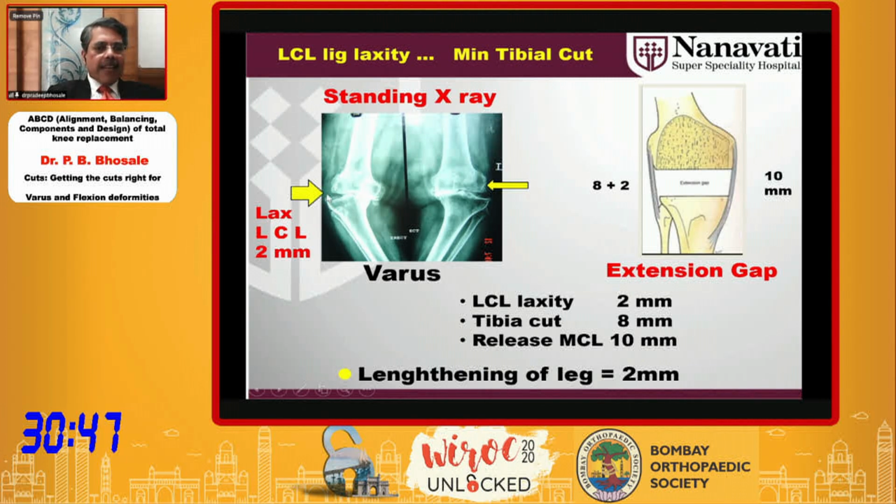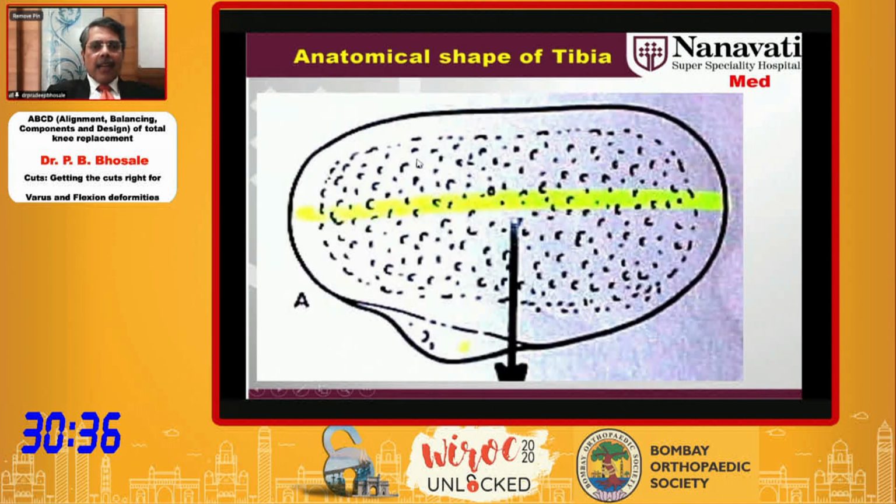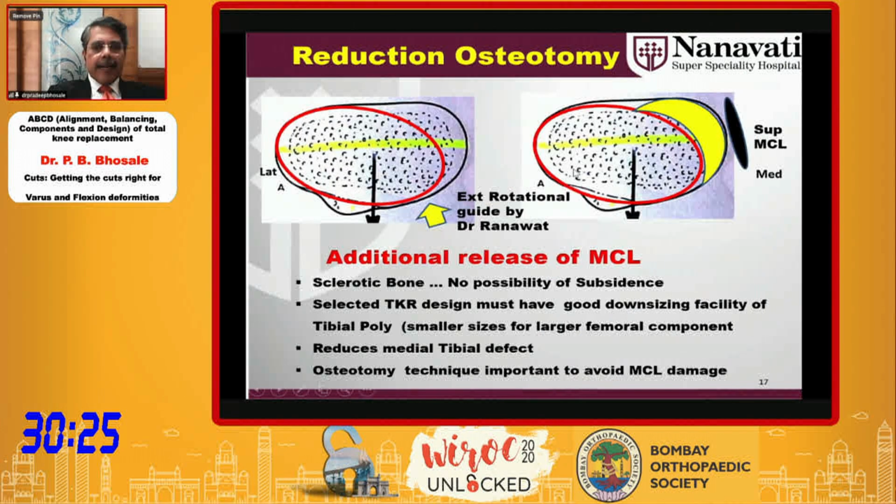So always check for this laxity, and don't cut more tibia, cut less tibia depending on the approximate millimeters of that. Now, one more thing is the anatomical tibia. If you see the cut surface, the lateral side is small and the medial is big, and many times we use a non-anatomical, symmetrical tibia.